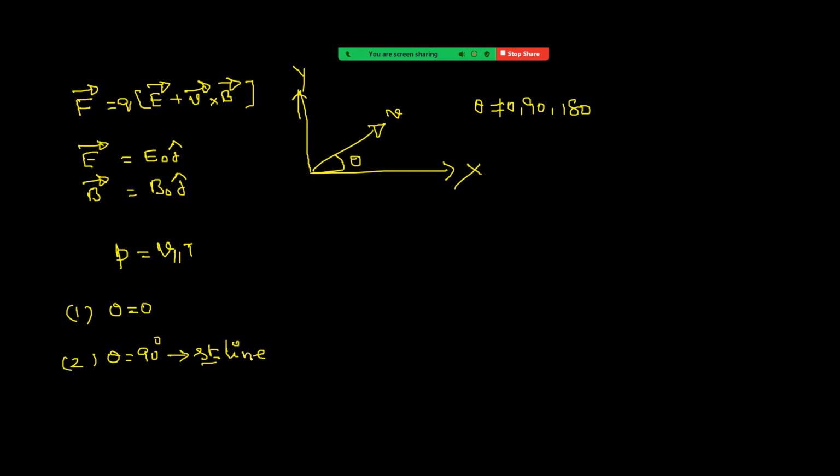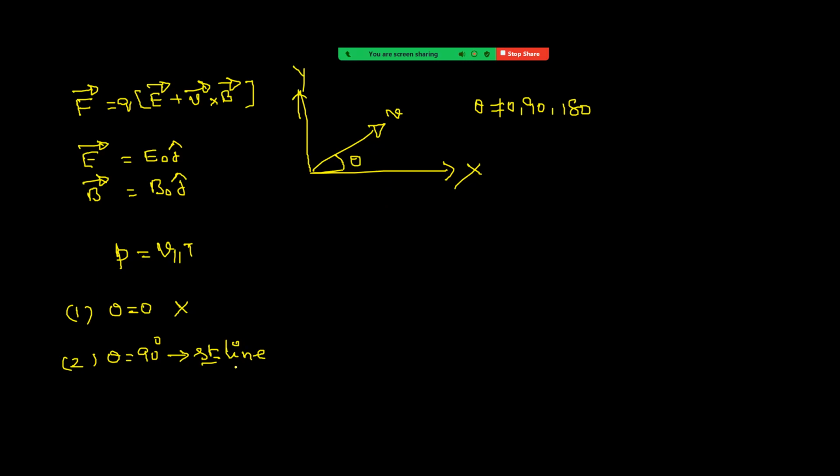So option 1, if you observe, theta 0, the charge moves in a circular path. That is not possible, because at theta 0, if only the magnetic field is present, it is a circular path. That's why option 1 is not correct. Next, we have cross-checked that theta equal to 90 gives a straight line.